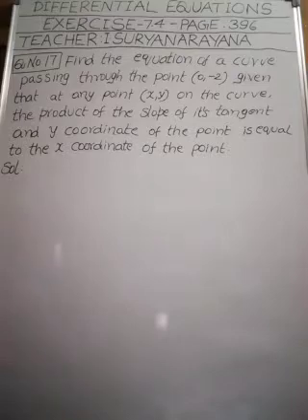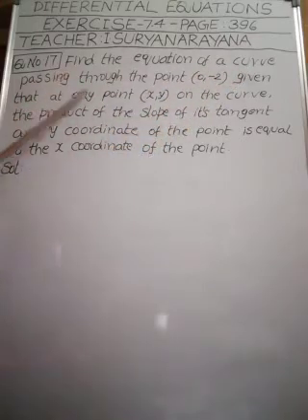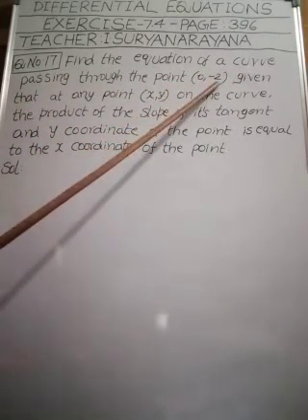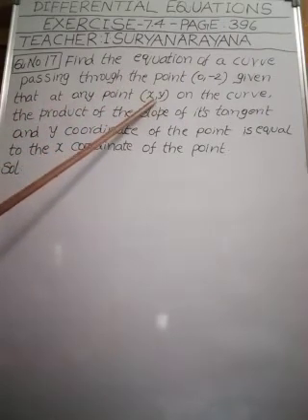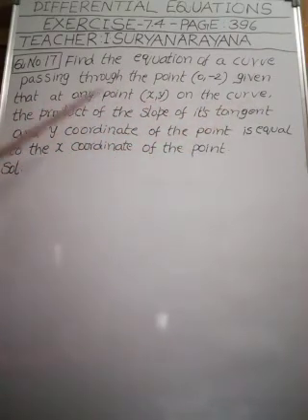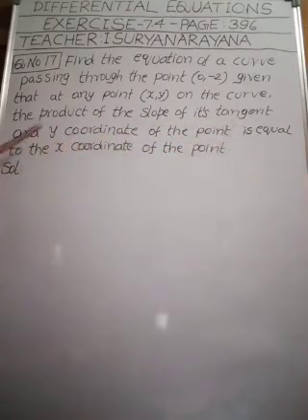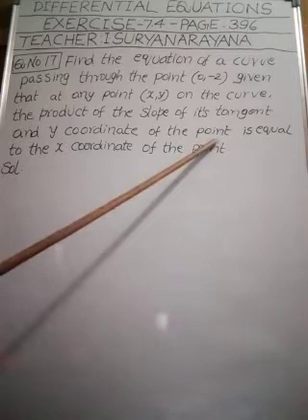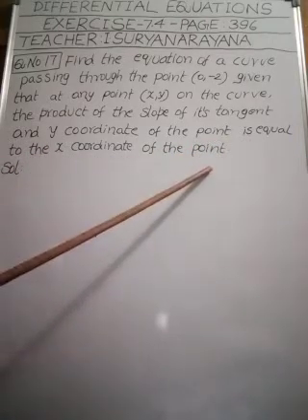Okay, my dear children. Now come to question number 17. Find the equation of a curve passing through the point 0, comma minus 2, given that at any point x, comma y on the curve, the product of the slope of its tangent and y coordinate of the point is equal to the x coordinate of the point.